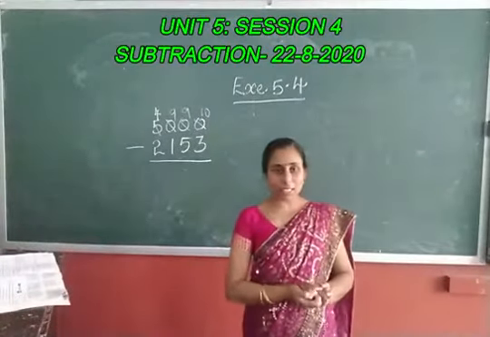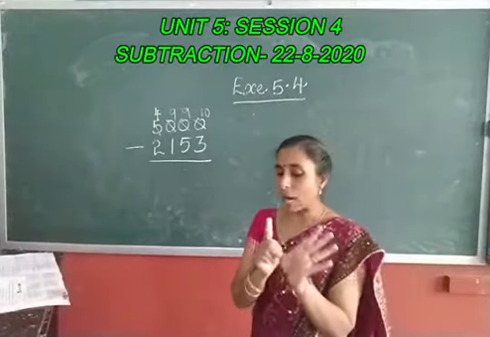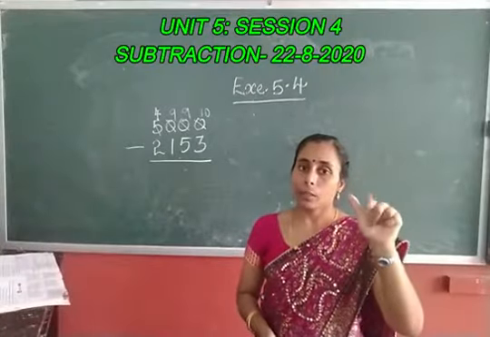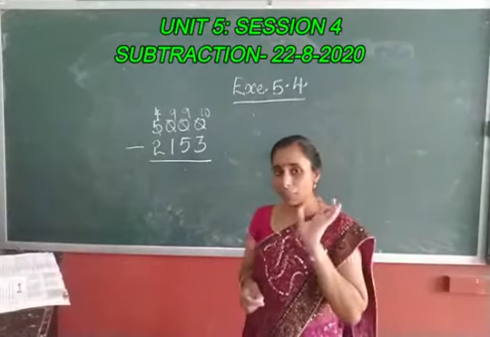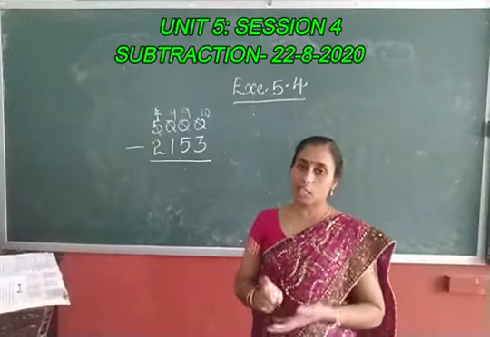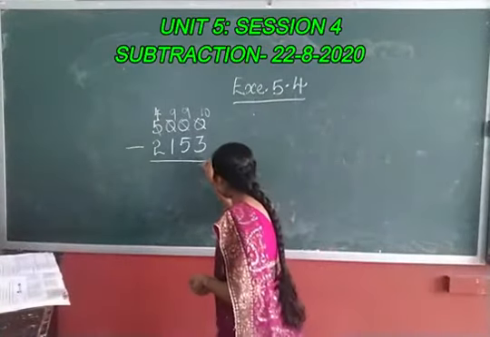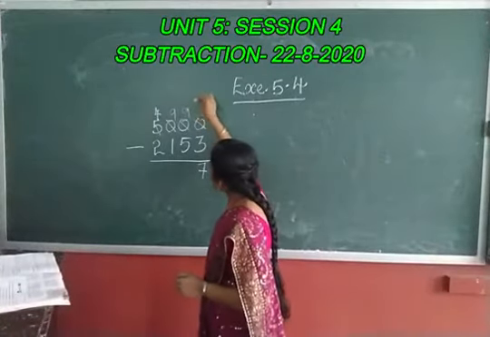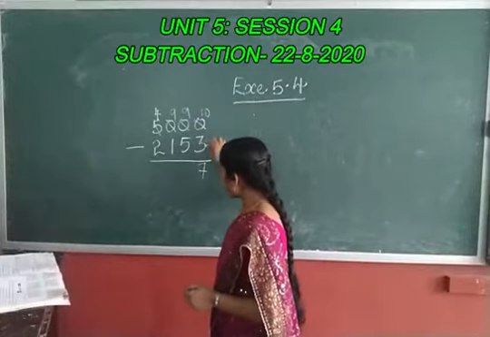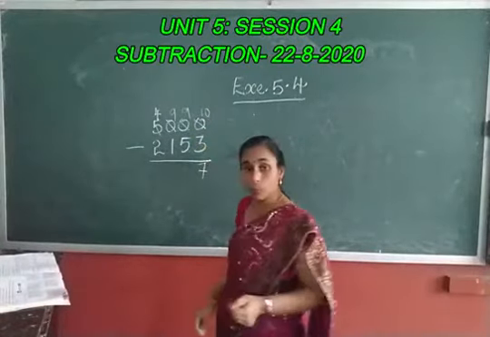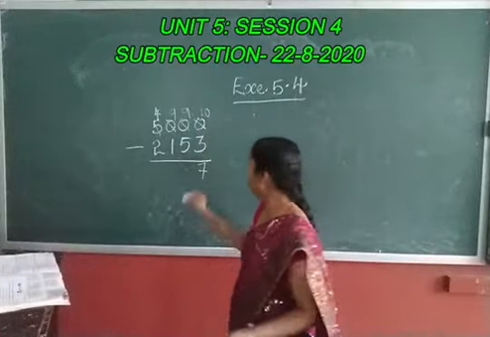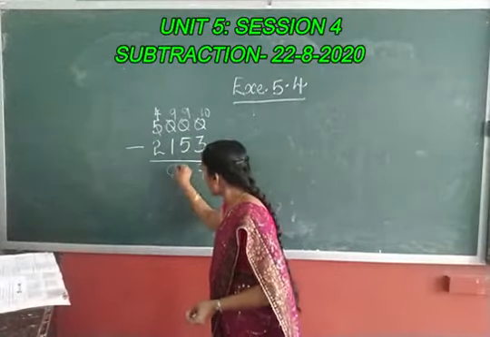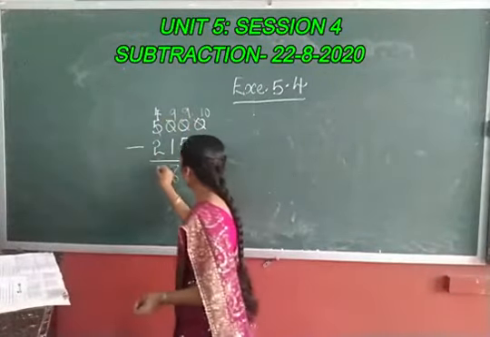Start from after 3: 4, 5, 6, 7, 8, 9, 10. 7. If you learn the addition table, it is very easy to do addition and subtraction. 7 plus 3, 10. Then 9 minus 5, 4. 9 minus 1, 8. And 4 minus 2, 2.